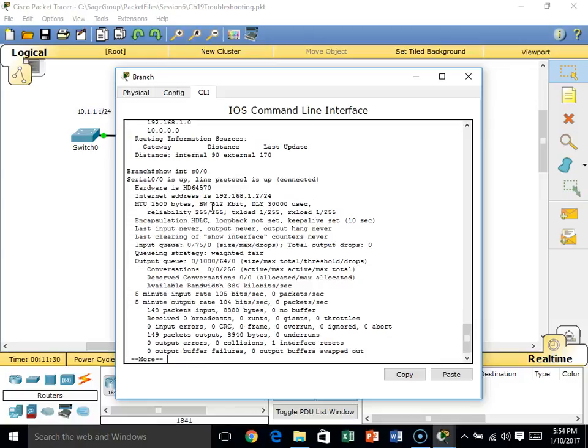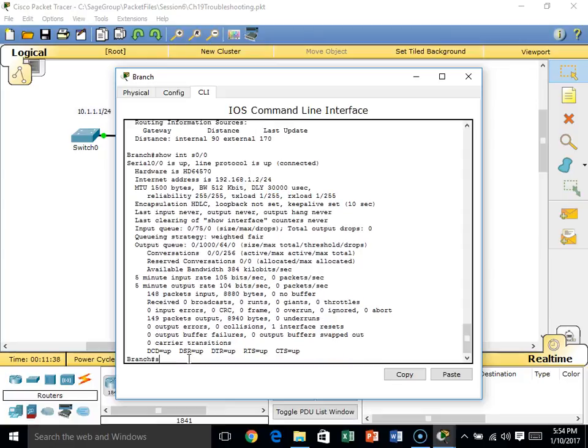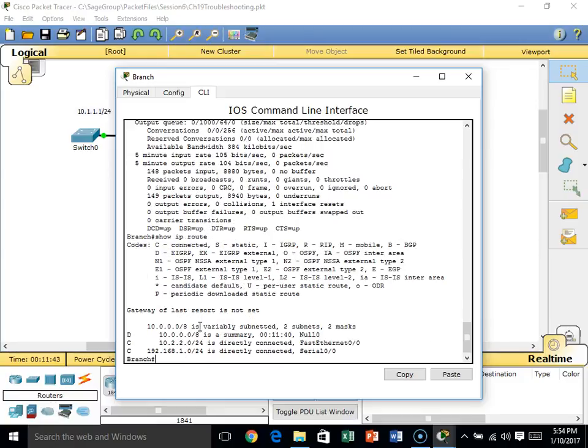The bandwidth and delay here are messed up, 512 and 30,000. And I'm kind of running all these things together. Show IP route. In the show IP route, we still have the summary. So now we know a couple of things that are wrong with this thing. Our metrics don't match.